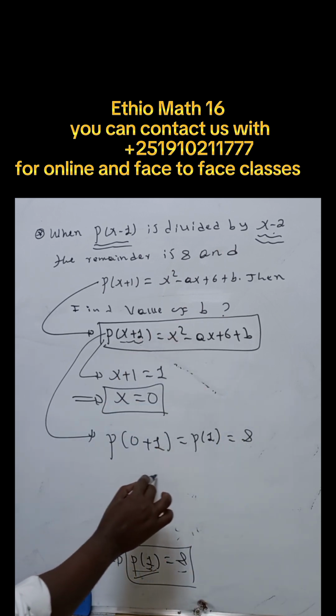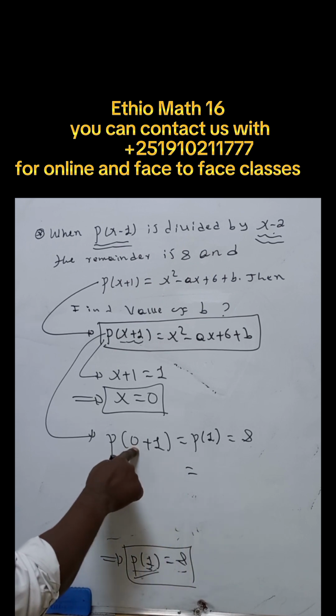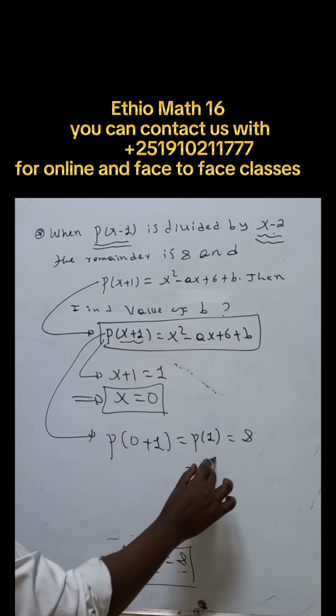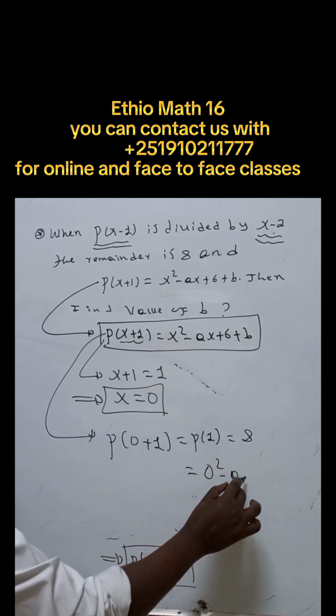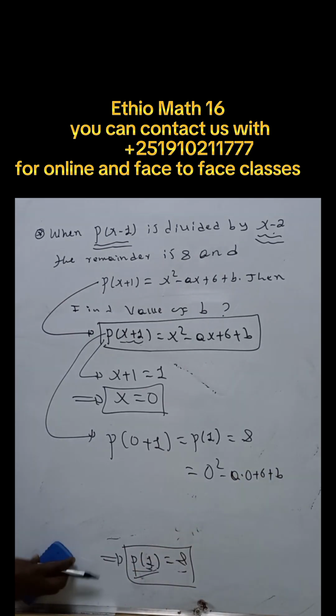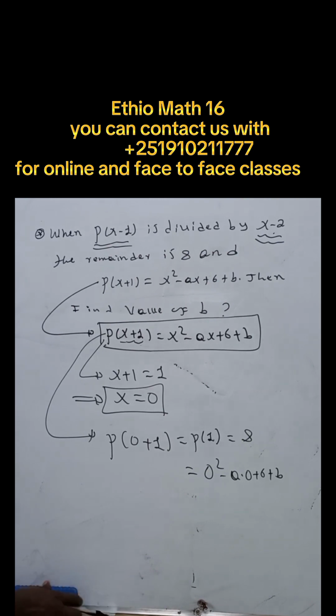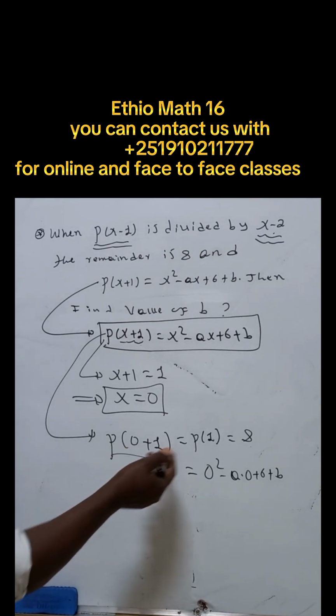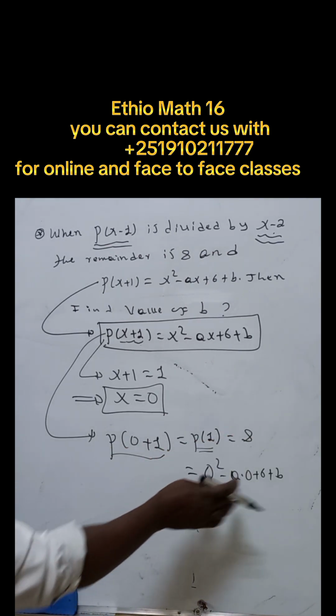And now this implies that, when you plug 0 in place of x, this is equal to 0 squared minus 8 times 0 plus 6 plus b. So from here, P of 1 means 8, and this should be the same.